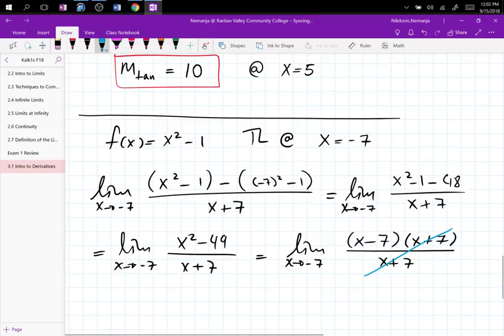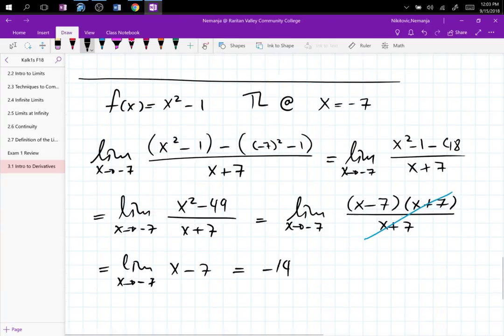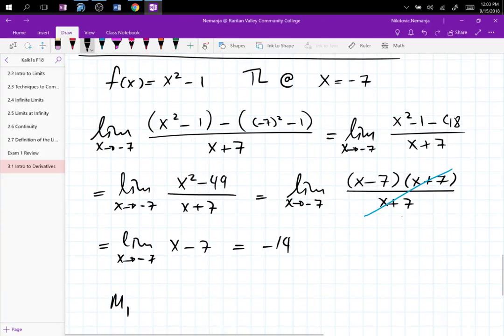Kill. And the answer is, we have limit x goes to negative 7 of x minus 7, which is negative 14. So the slope of the tangent line is negative 14 at x equals negative 7.